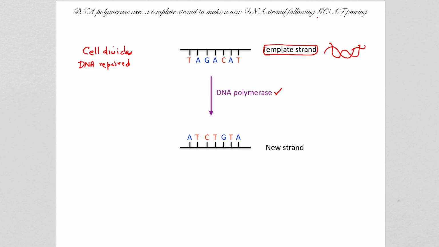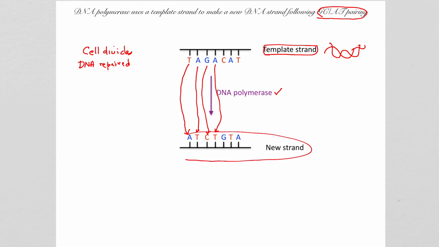And then it uses this pairing rule, G, C, A, T, and the template strand is copied into the new strand: T into A, A into T, G into C, C into G, and so on to form the new DNA strand. So that's how we make our DNA.